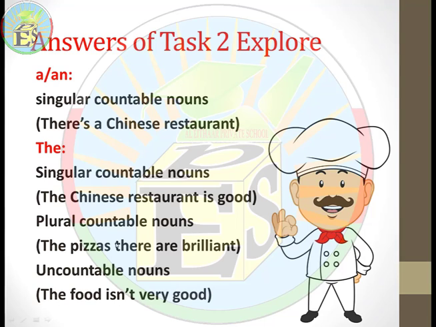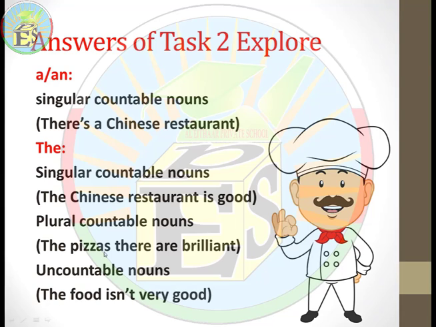So put a tick there. An example is, the pizzas there are brilliant. Another use of the article the is with uncountable nouns, like the food isn't very good. Food is uncountable, the food.